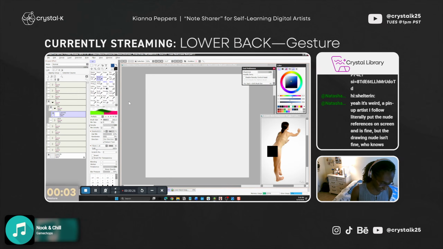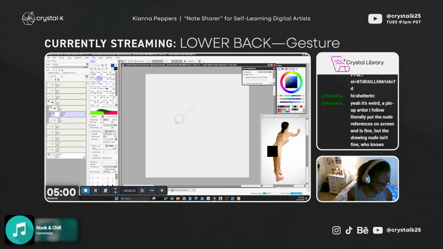Here we go. Starting with base gesture. Proportions. Where is she? There she is. I'm going to add her legs, even though they're not as important as everything else. There's her back. Find her head. Okay. Her hair is covering it up, but C7, I'm going to use that to find her hips.